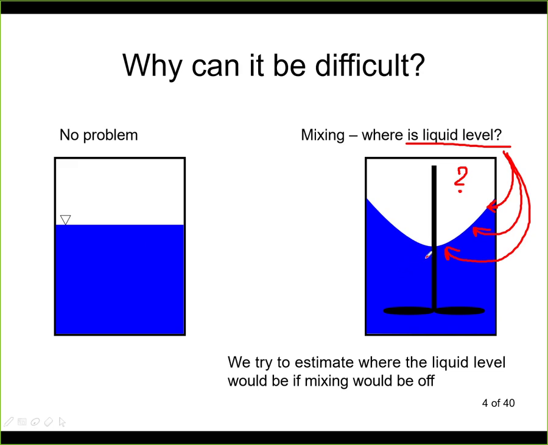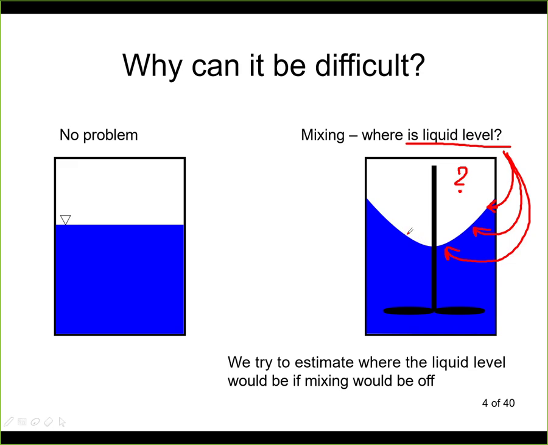But as we start mixing, for example, if your process requires mixing some components, then you need to have a mixer in there. And now suddenly it might be a problem to measure the correct liquid level, because when we're mixing, we of course don't know what the liquid level is.